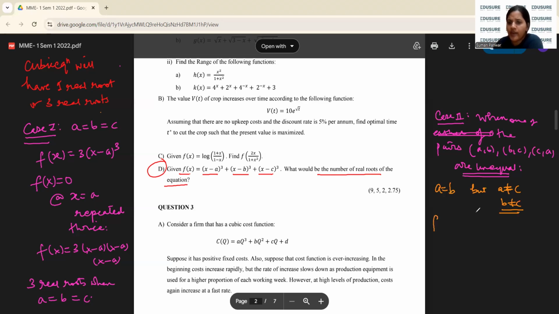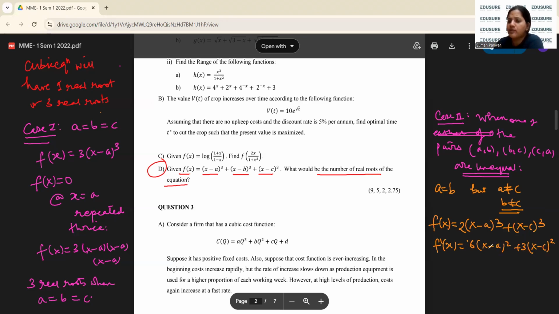In this case, your f(x) is equal to (x minus a) whole square 2 times, and then plus (x minus c) whole square. Now let us calculate the first derivative. f dash x would be 6 times (x minus a) whole square plus 3 times (x minus c) whole square.